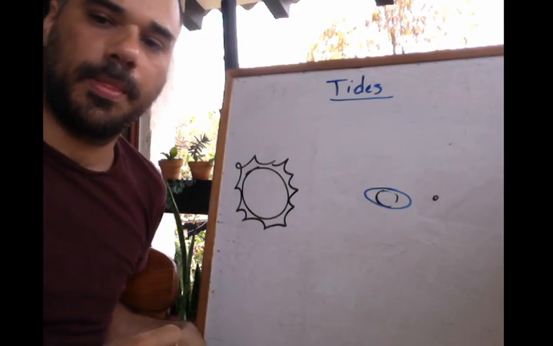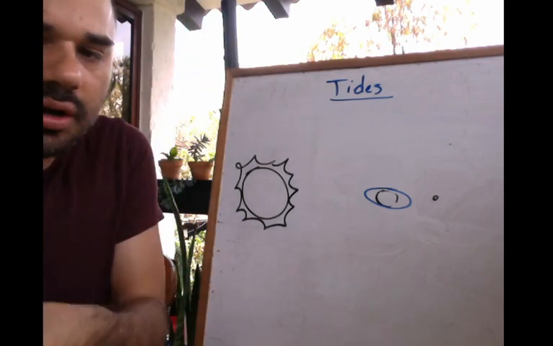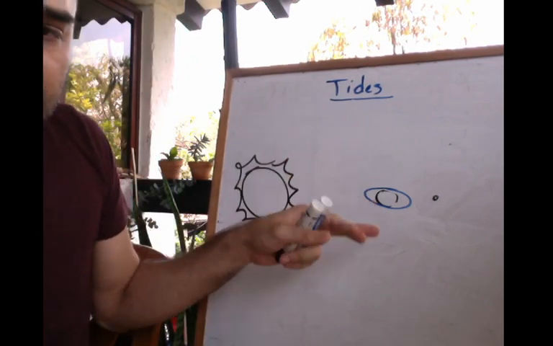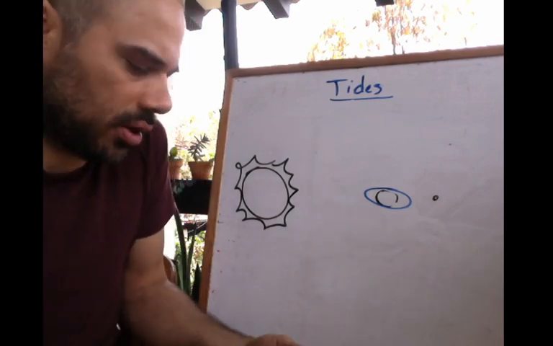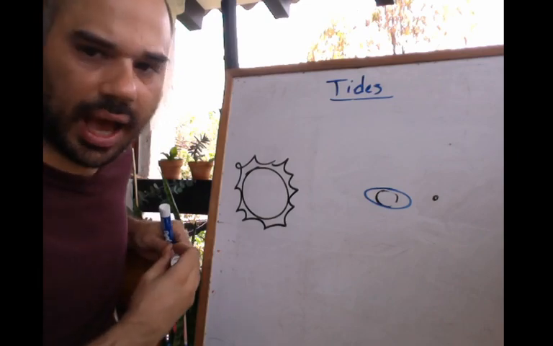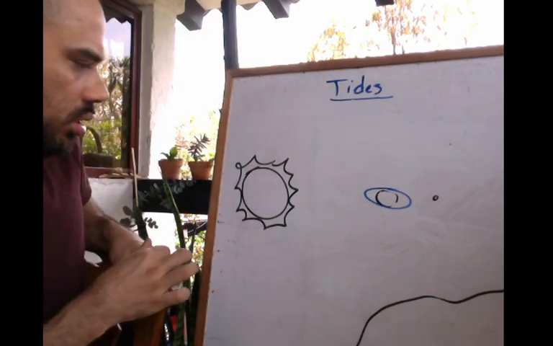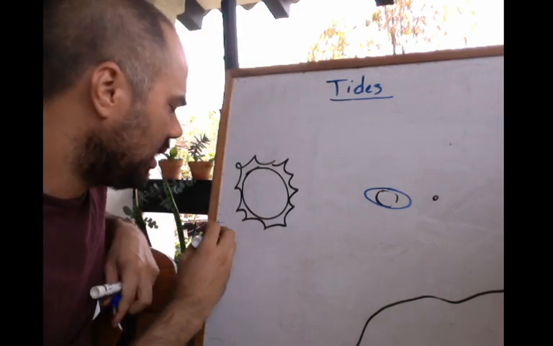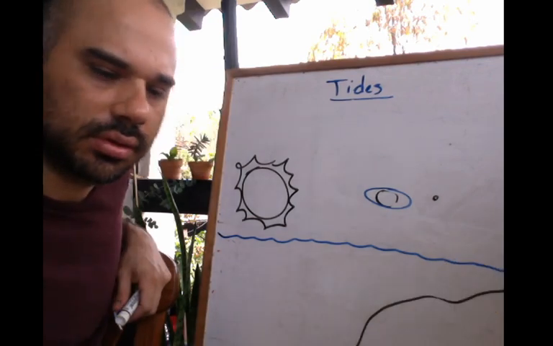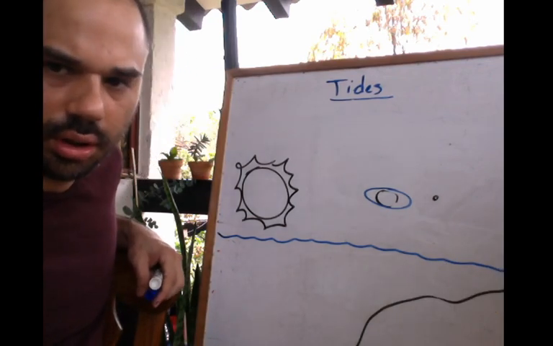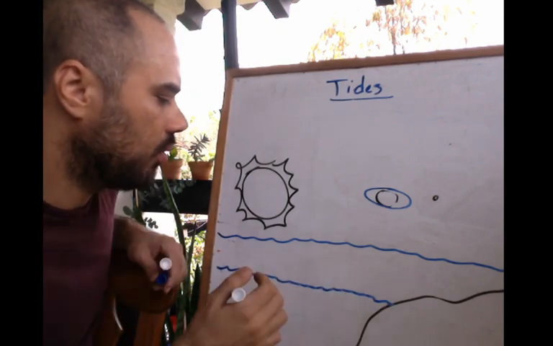So this is what we call tides and tidal currents, because the water is moving when creating the tides. Let's look at tides when we are on the beach. If you have a high tide, then your water level is like this, very high. But if you have a low tide, then the water level comes down.